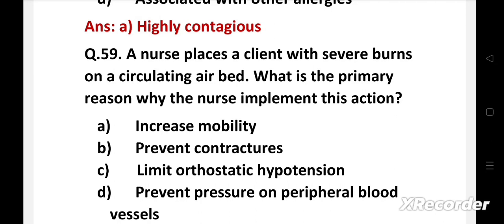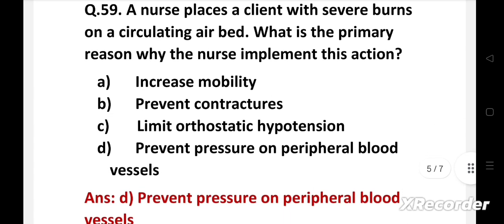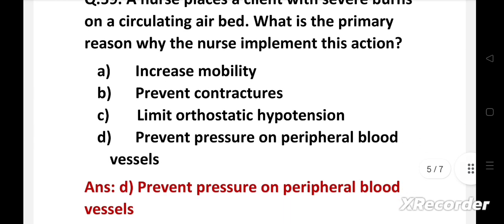D, prevent pressure on peripheral blood vessels. Right answer is D, prevent pressure on peripheral blood vessels. The circulating air bed disperses body weight over a large surface, which reduces pressure against the capillary beds, allowing for tissue perfusion. These beds are used for clients who are immobile. They do not increase mobility.